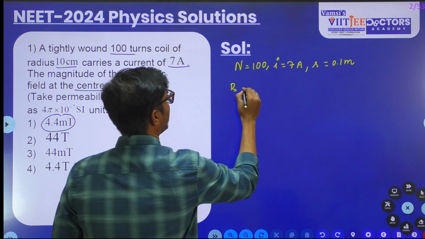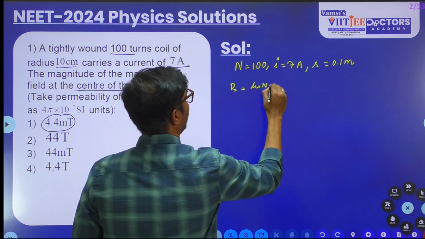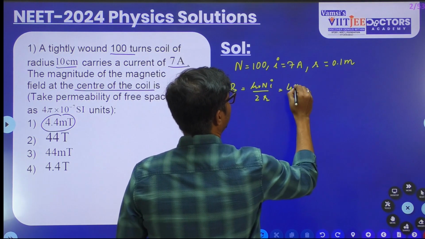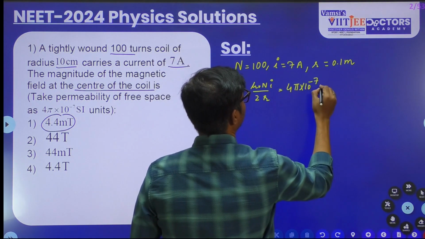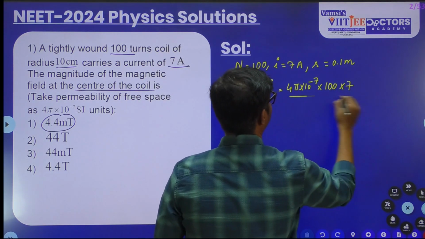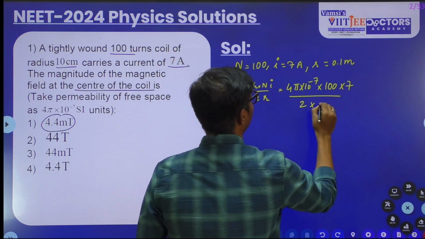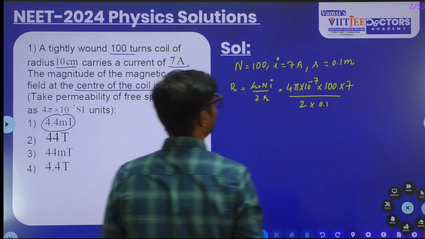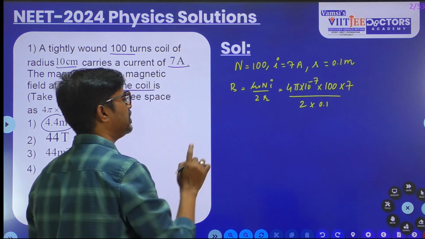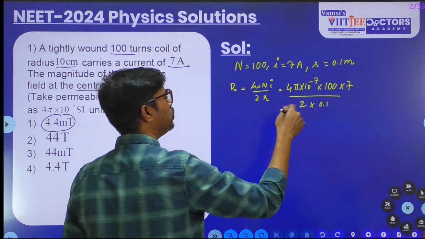You know the formula, magnetic field is mu naught Ni by 2R. So mu naught is 4 pi into 10 power minus 7 into n is 100 and 7 divided by 2 into 0.1. So that's what you have, 2 pi. 2 pi is approximately 6. 6 sevens are 42, 43.